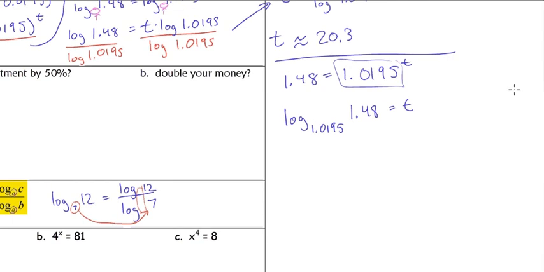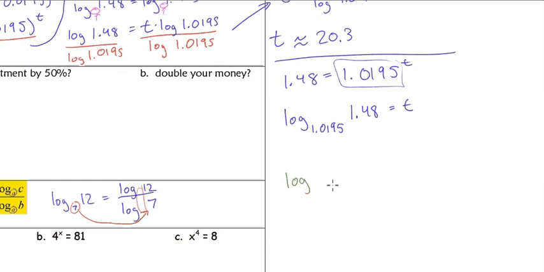If we had log base 1.0195 of 1.48, that is the same thing as log base whatever we can choose.